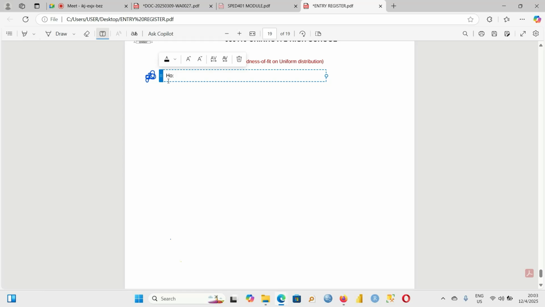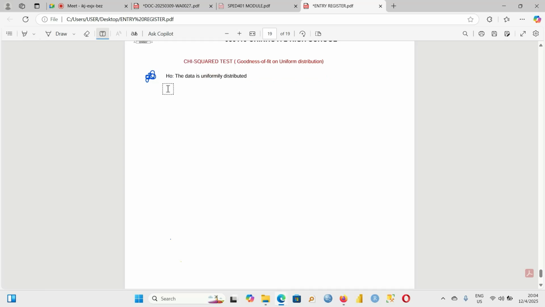We are going to say that, given the data that we are referring to, the one in the table, H naught, the data is uniformly distributed.